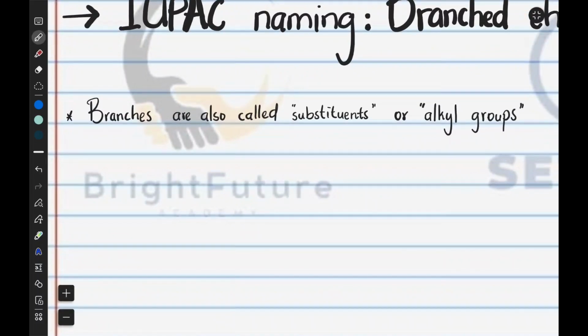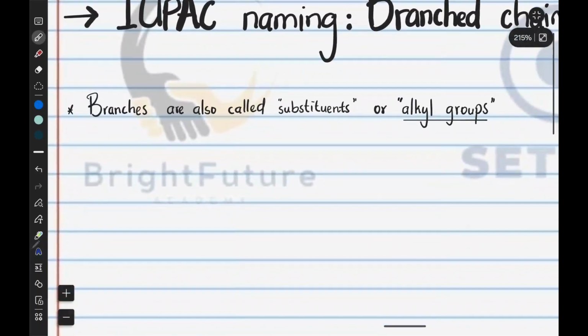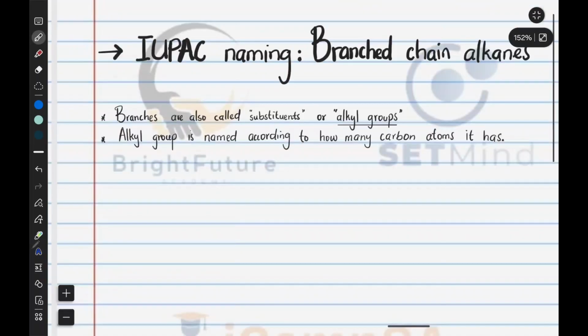I prefer using alkyl groups because it's most commonly used. An alkyl group is named according to how many carbon atoms it has.